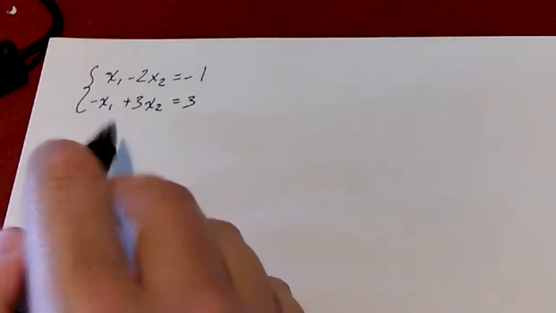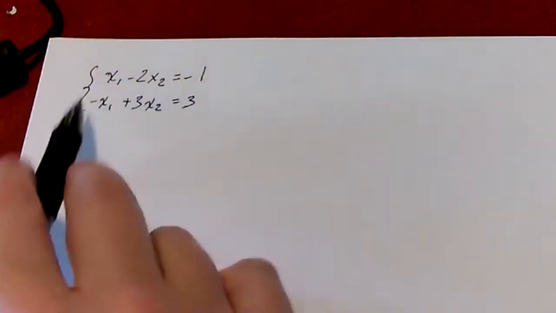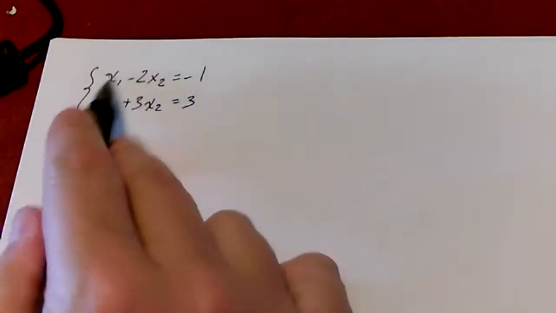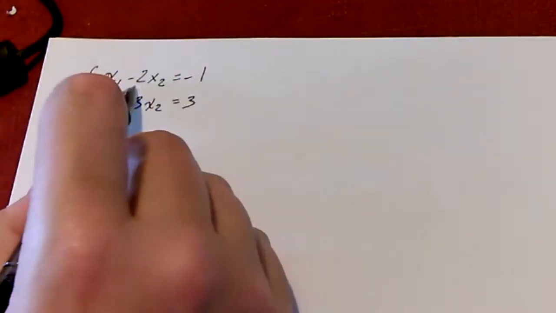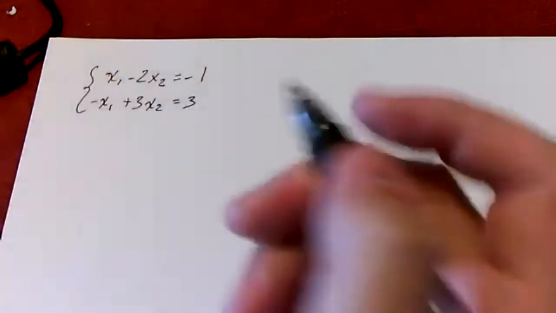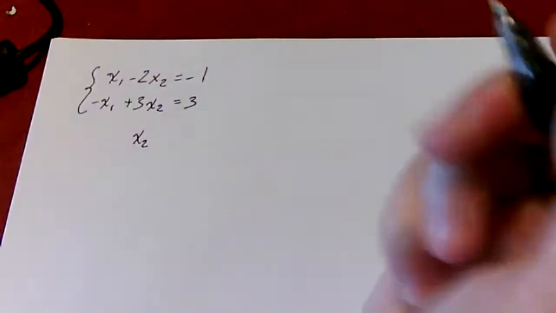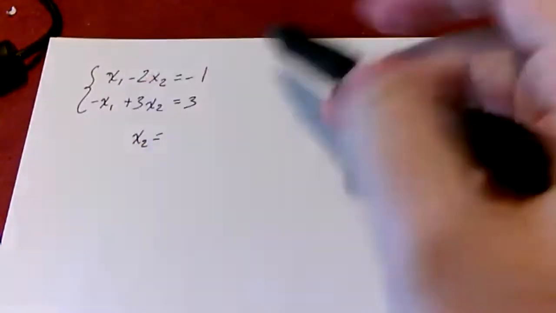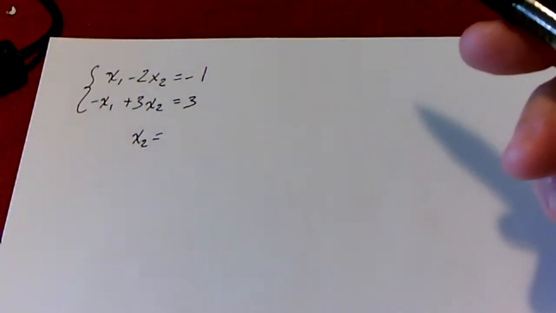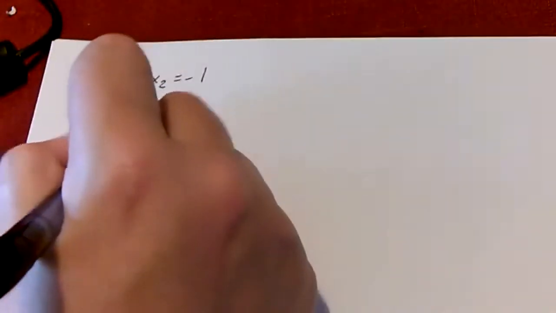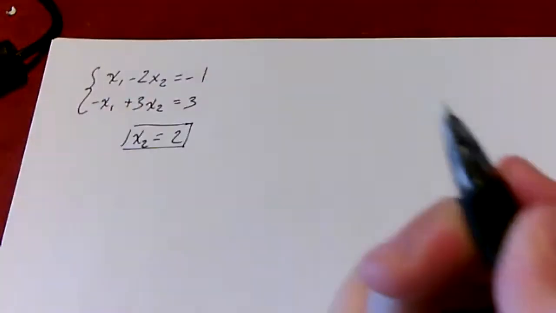So I'm going to add the two equations. x1 minus x1 just gives us 0. Minus 2x2 plus 3x2 gives us 1 copy of x2. And don't forget to add the constant terms: -1 plus 3 is 2. So x2 is 2.